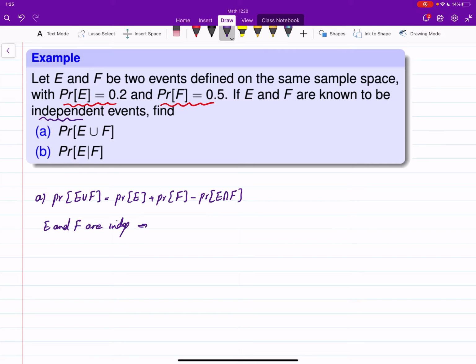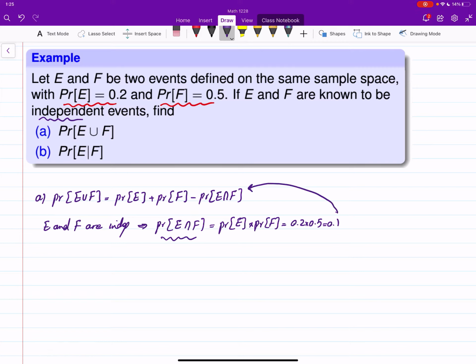That means I can use the fact that the probability of the intersection for independent events is the product of the probabilities of these events, and in this case it is 0.2 times 0.5, which is 0.1. So knowing that E and F are independent, I was able to find the probability of the intersection.